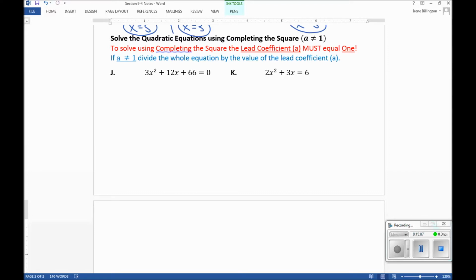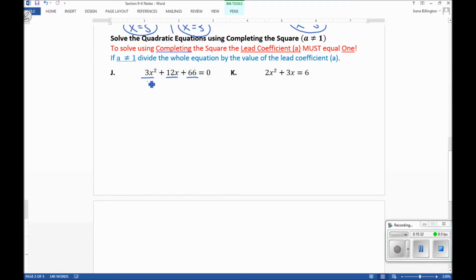However, when a doesn't equal 1, there's one more step we need to do, because to use completing the square, a has to equal 1. If a doesn't equal 1, you need to divide the entire equation by the value of your lead coefficient, which is a. So on example J here, we can see that our lead coefficient is 3.